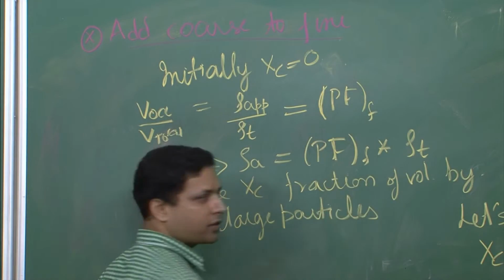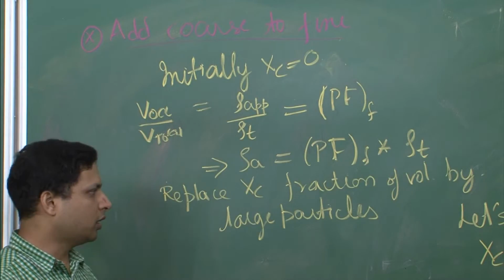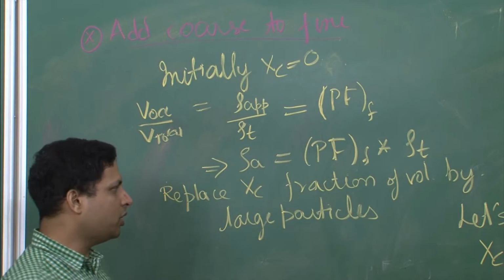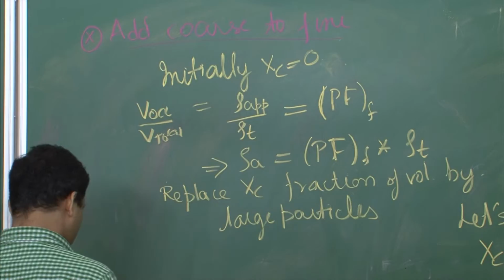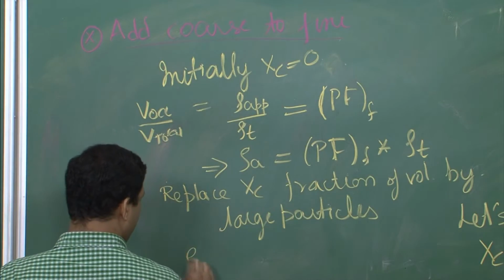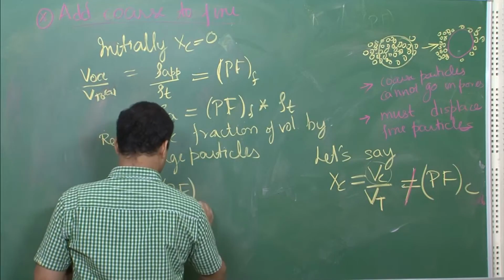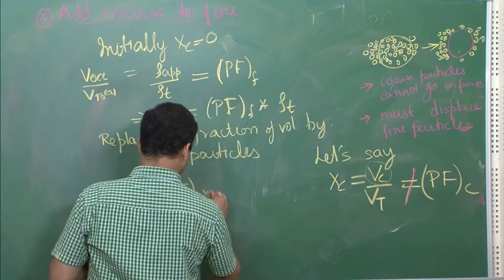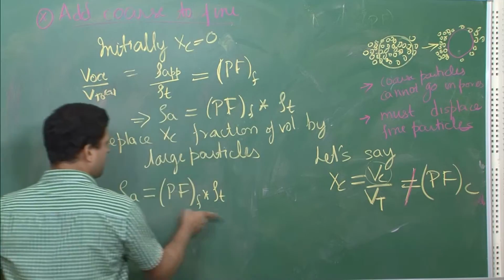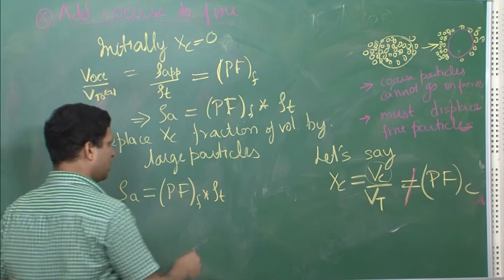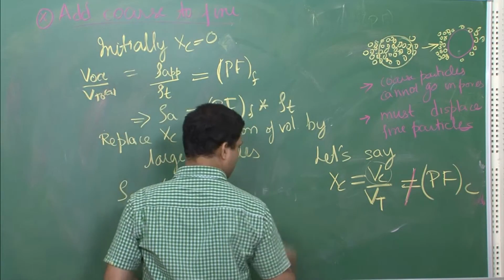Now we are saying Xc volume, which is Vc by Vt amount, is being replaced by large particles. So you can say that rho apparent will be equal to this will be increased by how much? Let me just put a line over here.